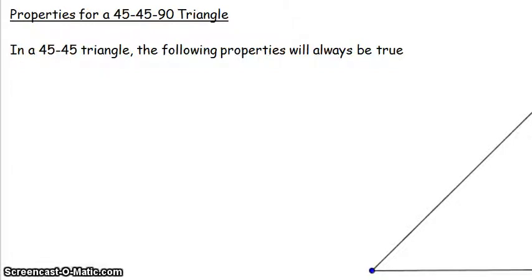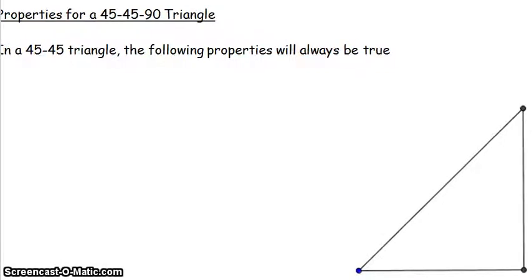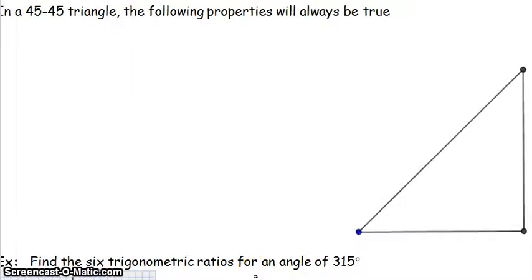So let's take a look at the other part of a specific right triangle relationship that's unique to trig, and that's a 45-45 triangle, or what the book will call an isosceles right triangle.